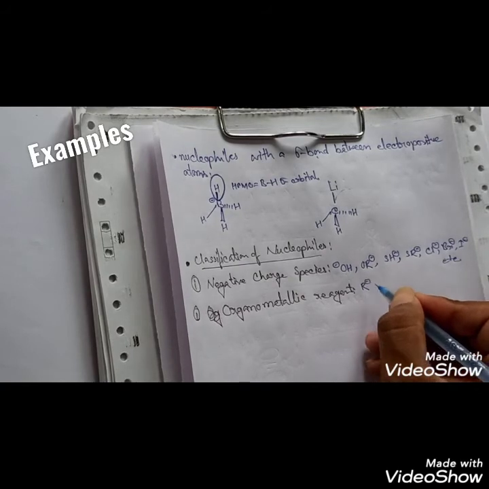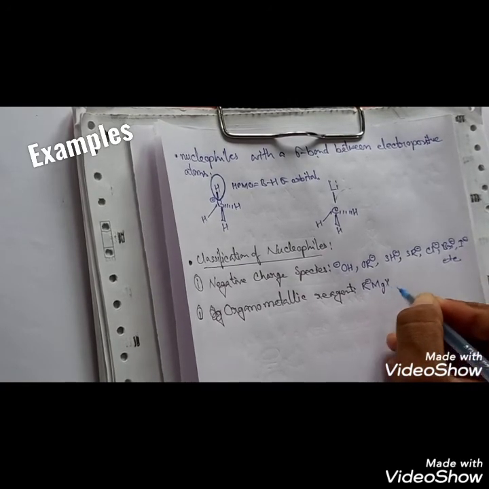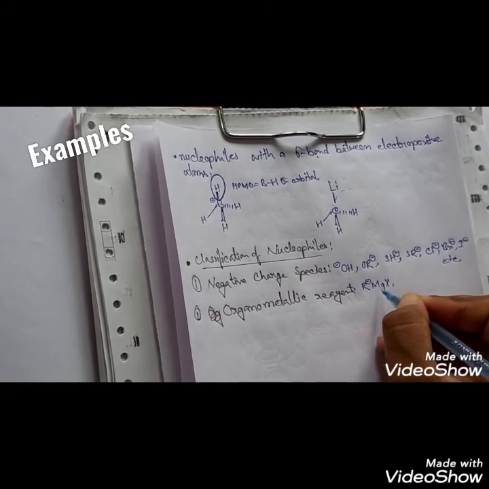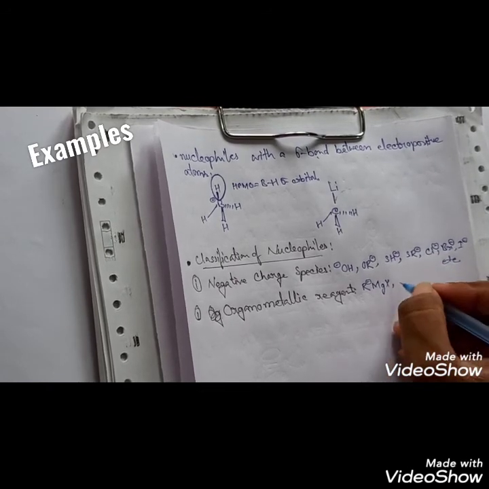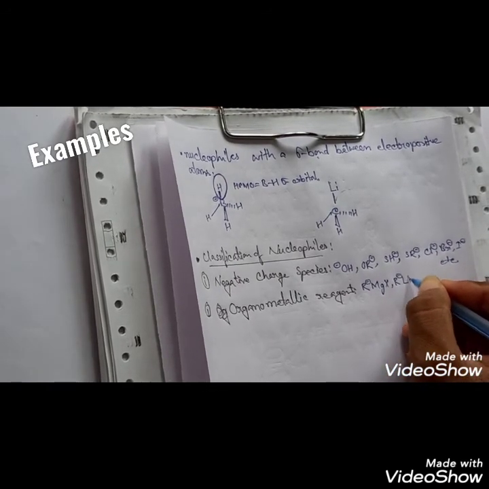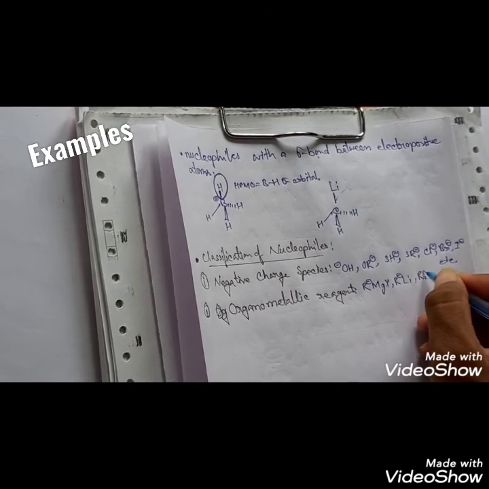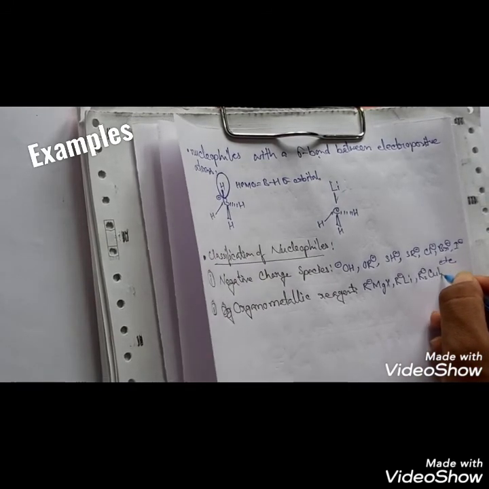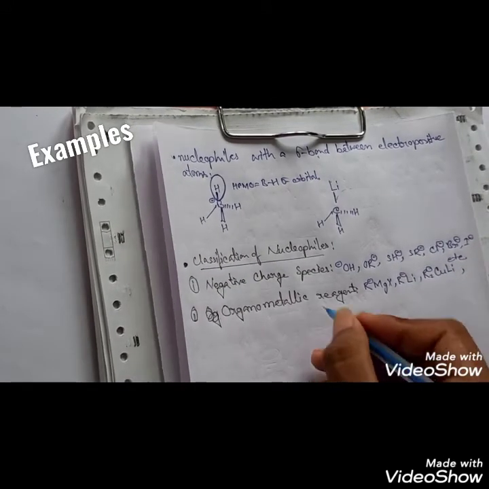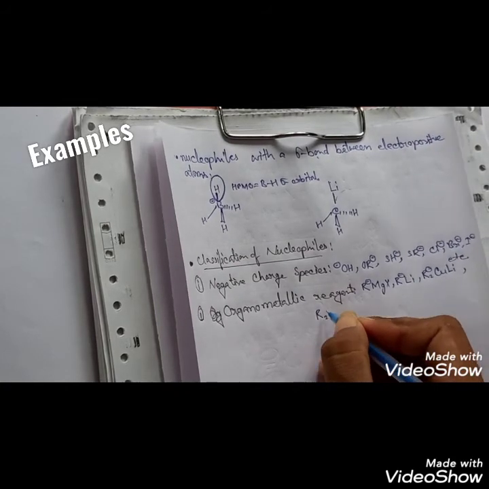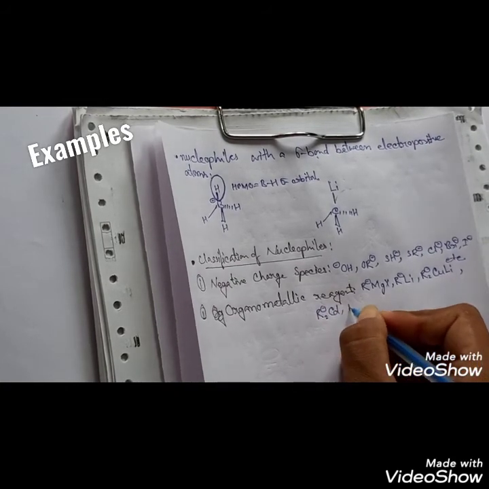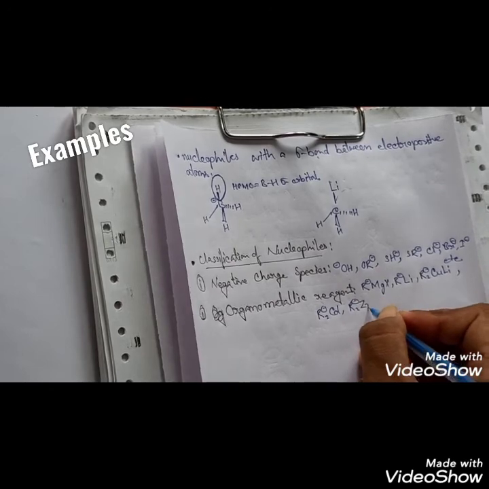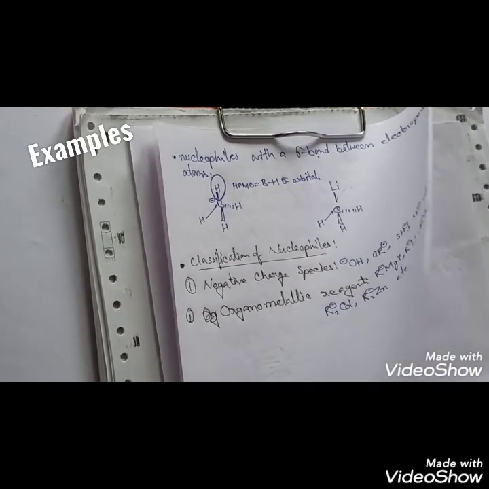So R minus MgX, this you know is a Grignard reagent, R minus lithium, R2 minus Cu lithium, R2 minus cadmium, R2 minus zinc, and etc.